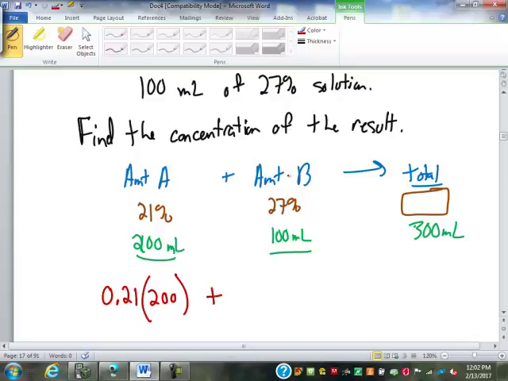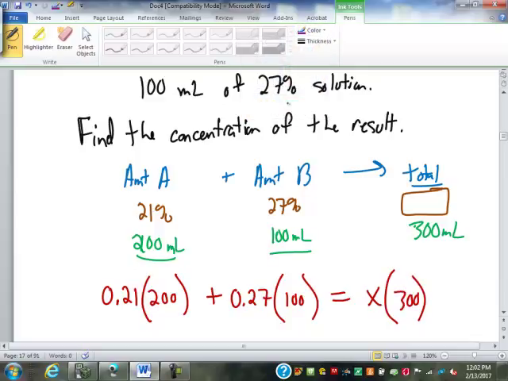To that, we're going to add the amount in solution B. Its concentration is 27%, so 0.27, times its amount of 100 milliliters, equals, in the final total, we don't know the concentration, so that's our X, but we do know the amount has to add up. 200 plus 100 gave us 300 milliliters.